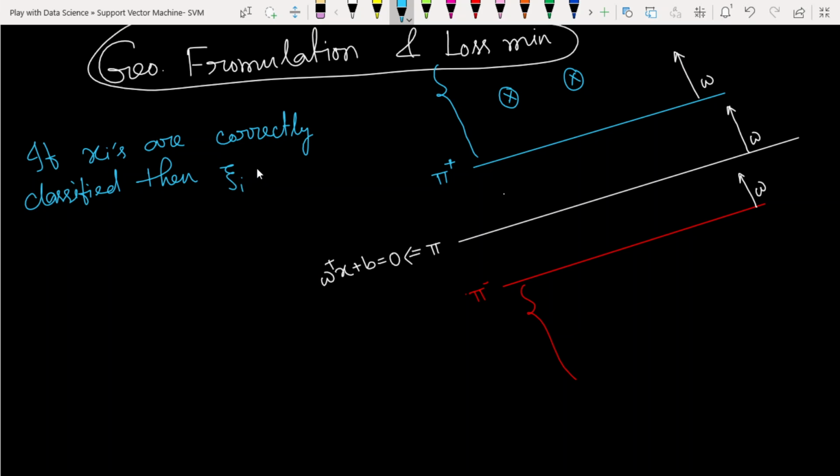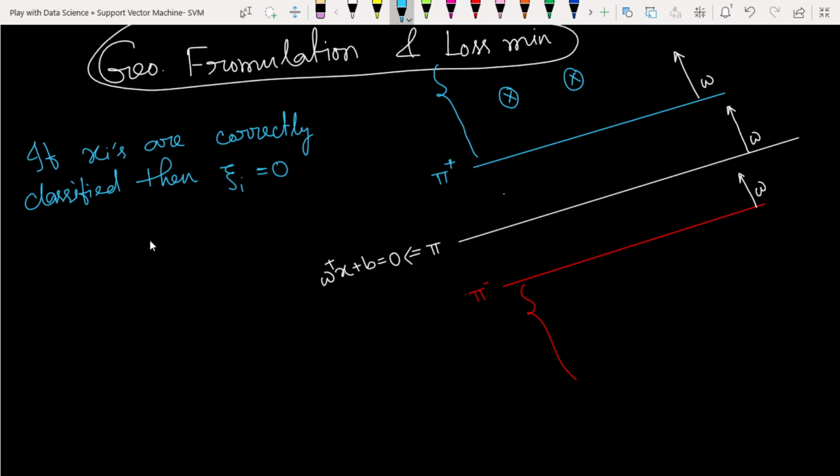Then zeta i's value equals 0. Simply, we have seen this in soft margin SVM. If you forget this, just go to that lecture and you can easily find it from there.